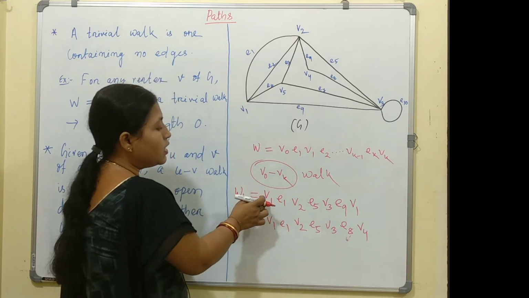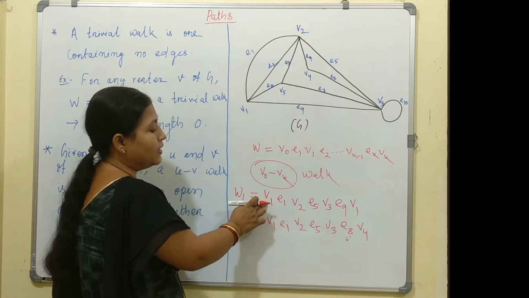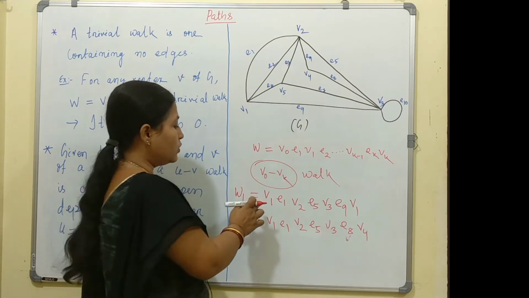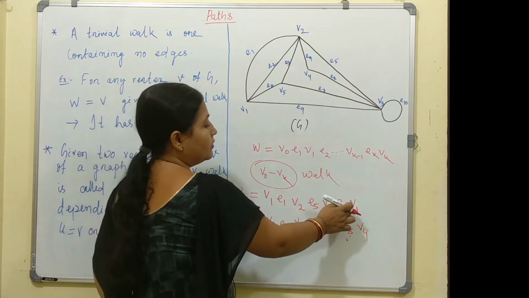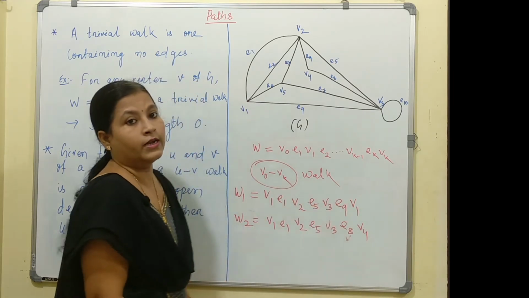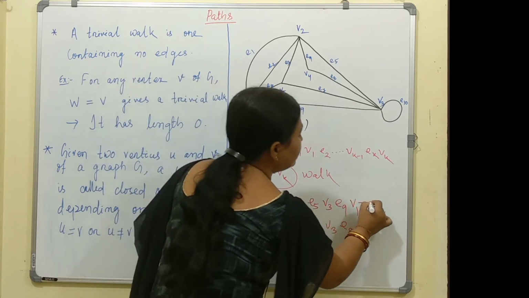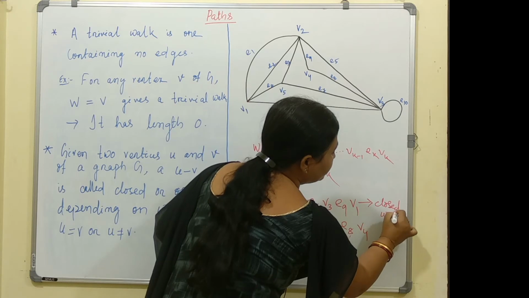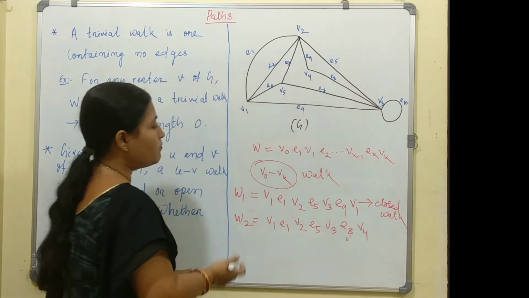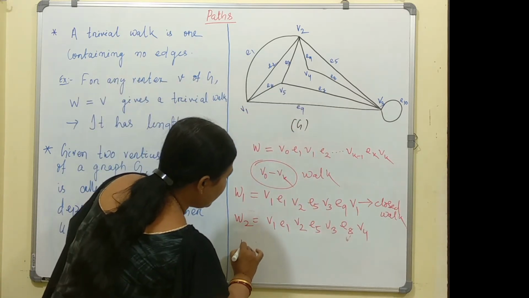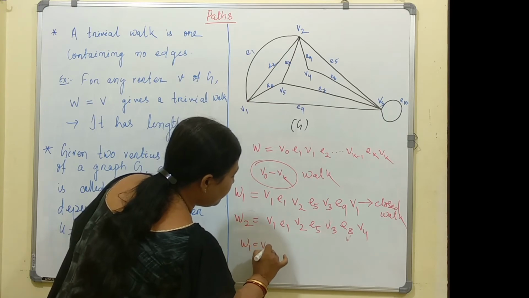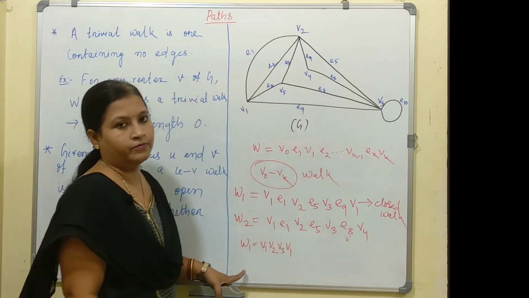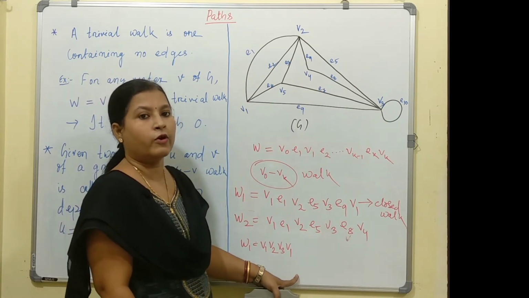See, W1 starts from V1 and ends with V1. So the starting vertex is the same as the end vertex, so W1 is a closed walk. It is simply written as W1 equal to V1, V2, V3, V1, a sequence of vertices.